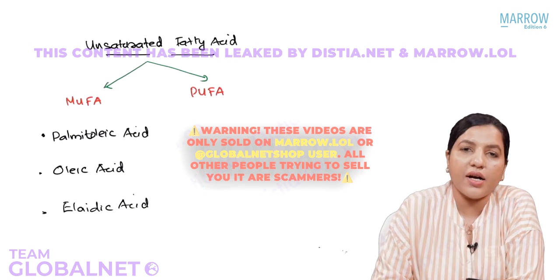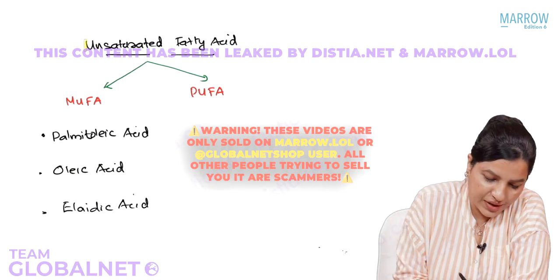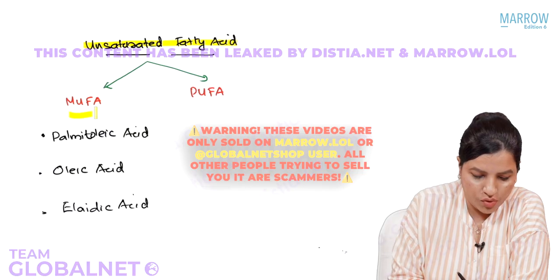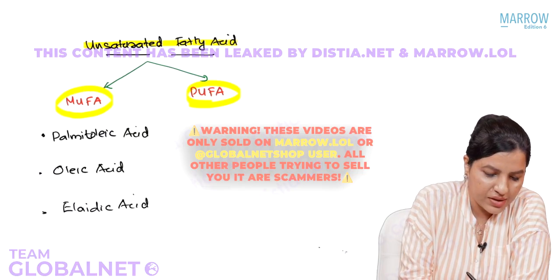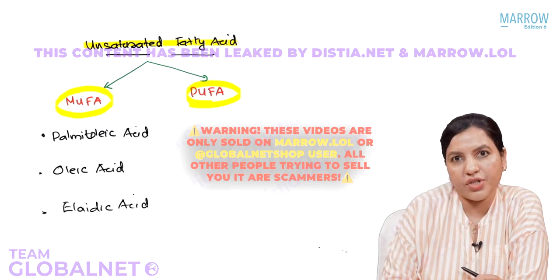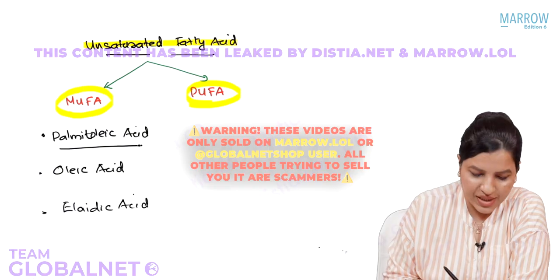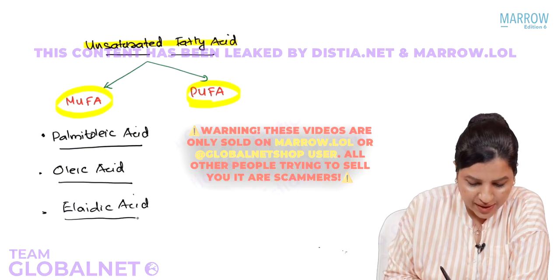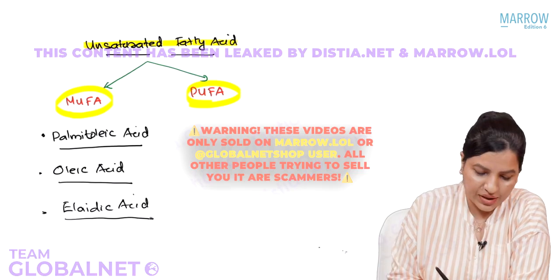Now, we will see the unsaturated fatty acid. The unsaturated fatty acids are divided into mono and polyunsaturated fatty acid. First, we will see the examples of monounsaturated fatty acid. The monounsaturated fatty acids are palmitoleic acid, oleic acid and elaidic acid.